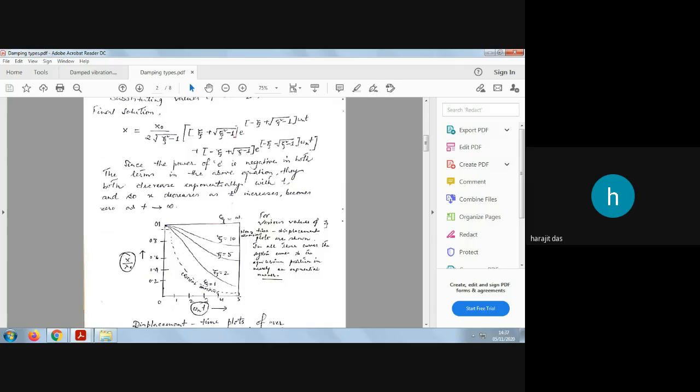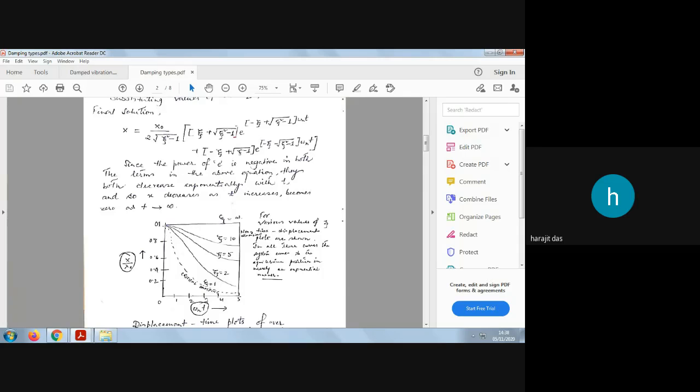Its maximum value is 1. So x can be only equal to x naught, and this value will be 1. From 0, 0.2, 0.4, 0.6, 0.8 up to 1 we have taken, and omega and t up to 5 units we have taken.